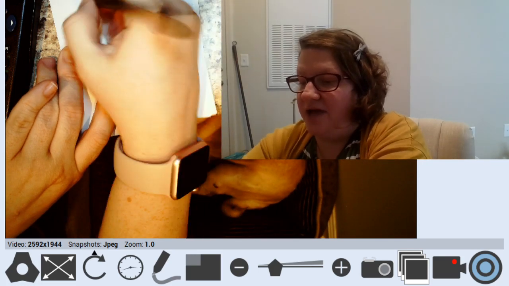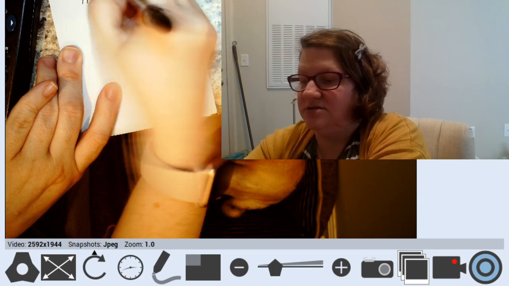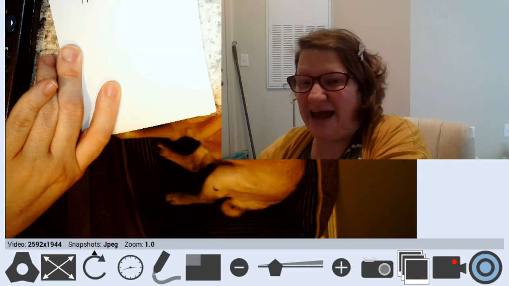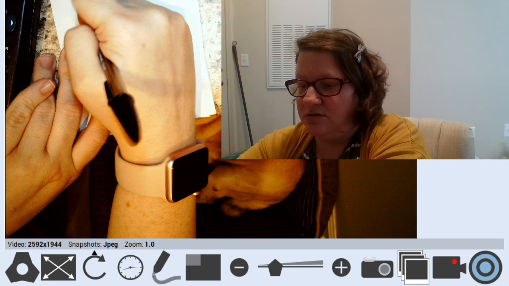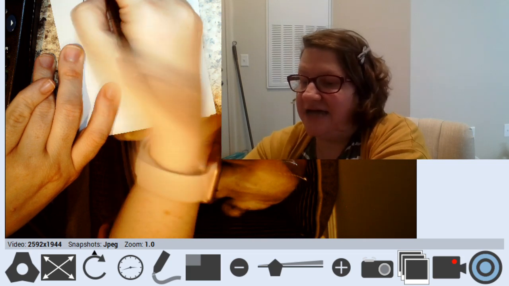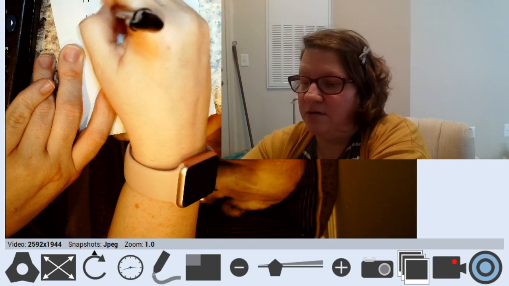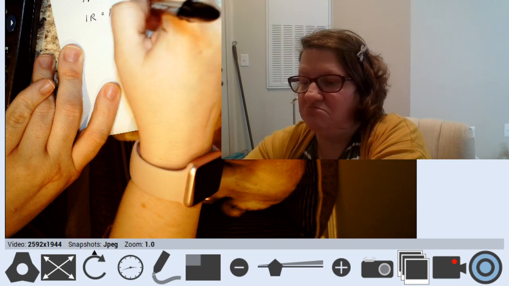Then on the back, we had irrational plus irrational equals rational. And now let's see if we can get an irrational, not plus, times, JK, times a rational number to be, instead of irrational, rational. Let's see.